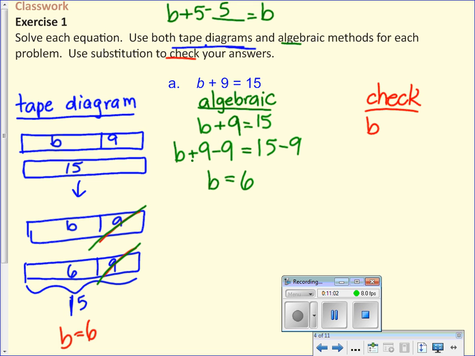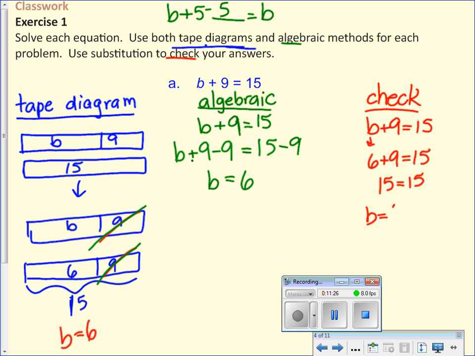Yesterday we were replacing letters with numbers to see if they were true. So for our check, the first step is to write the original equation, b plus 9 equals 15. Now if b equals 6, I replace b with 6, bring down the rest of the equation, use my order of operations to solve. Does 15 equal 15? Yes.